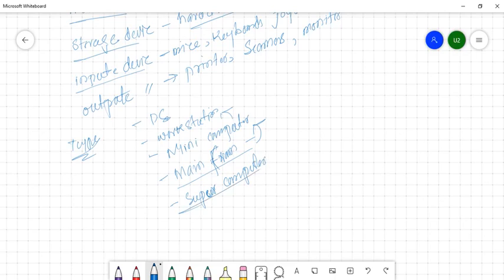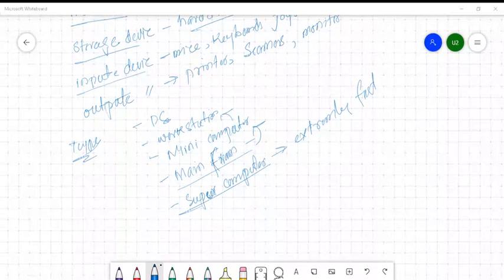Its very name suggests it is extremely fast because of the sophisticated technology. So these were the types of computer on the basis of speed and power.